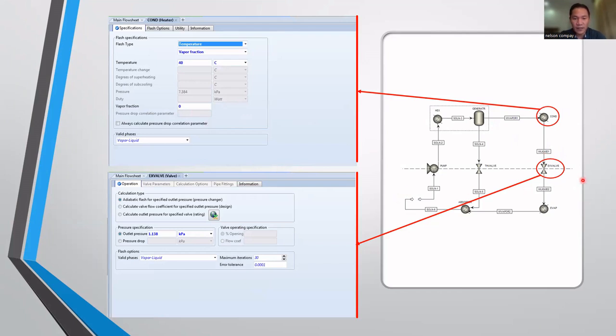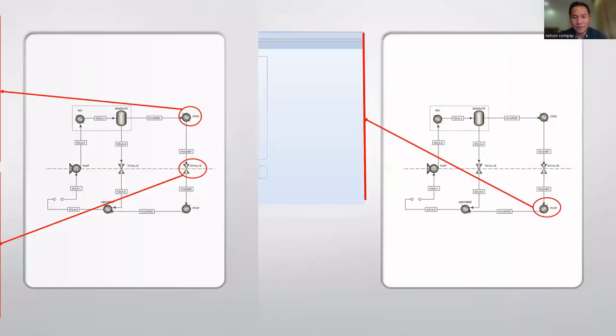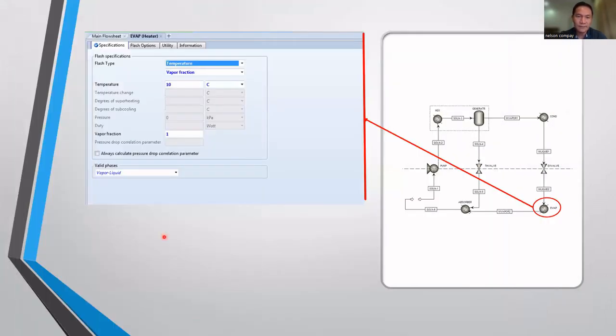Then it is followed by an expansion valve to reduce the pressure of the refrigerant to 1.138 kilopascal and subsequently its temperature. Lastly, the evaporator, which produces a cooling effect or cooling load and maintains a temperature of 10 degrees Celsius and changes the refrigerant from liquid to water vapor.